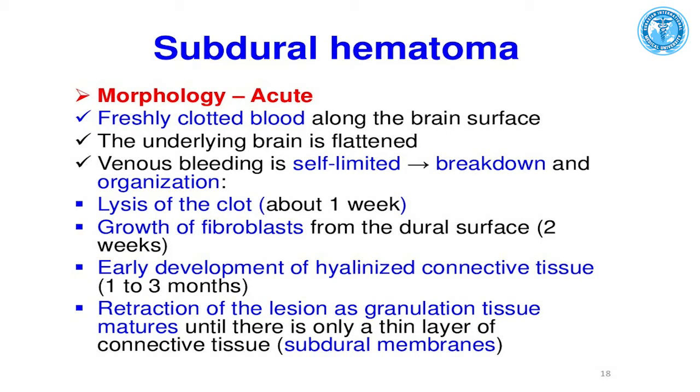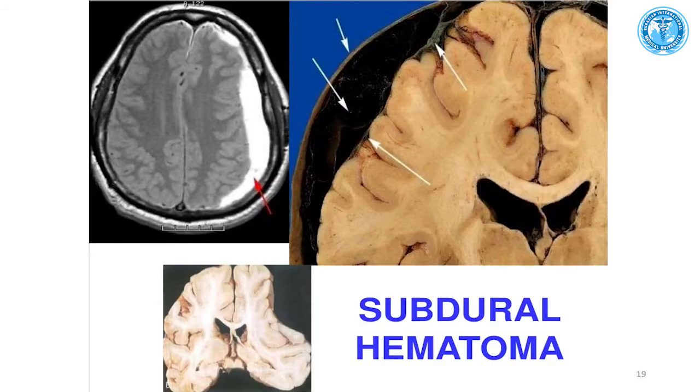Growth of fibroblasts from the dural surface takes 2 weeks. Early development of hyalinized connective tissue occurs from 1 to 3 months. Retraction of the lesion follows as granulation tissue matures, until there is only a thin layer of connective tissue: subdural membranes. You see a subdural hematoma.